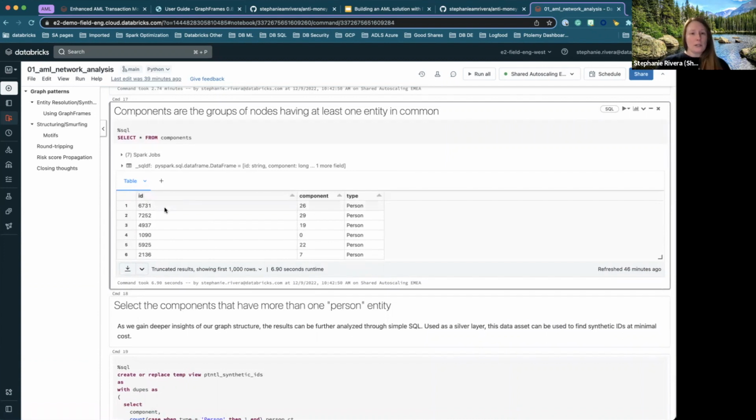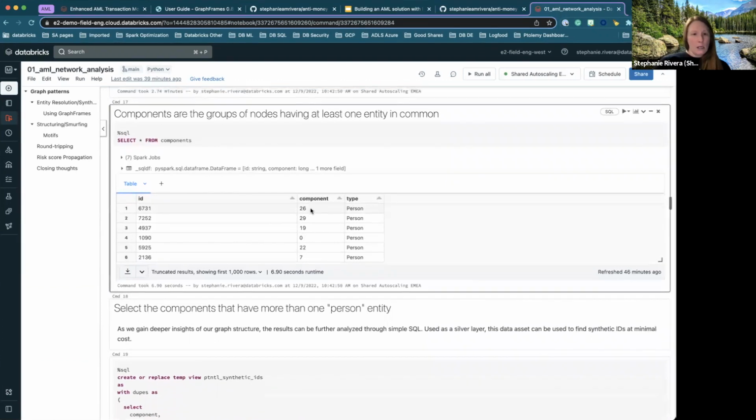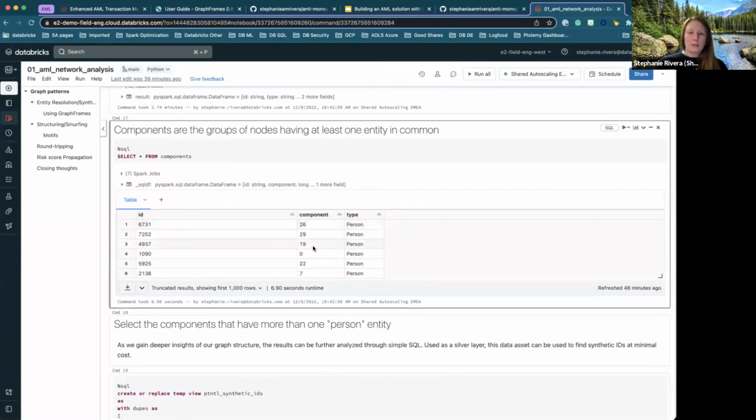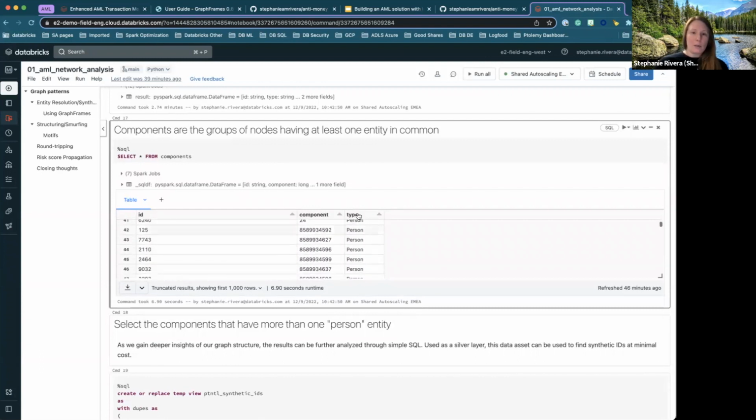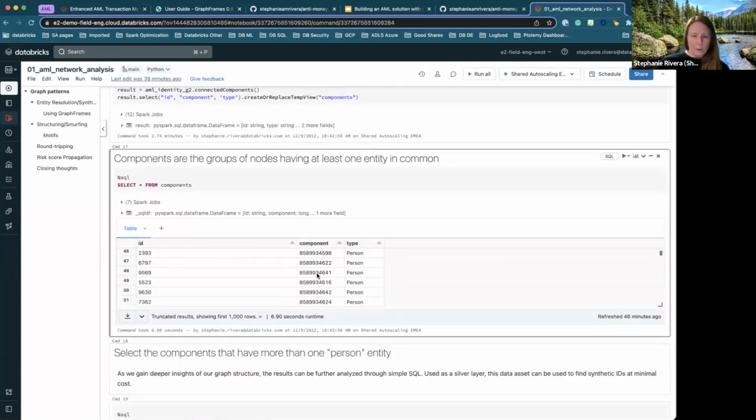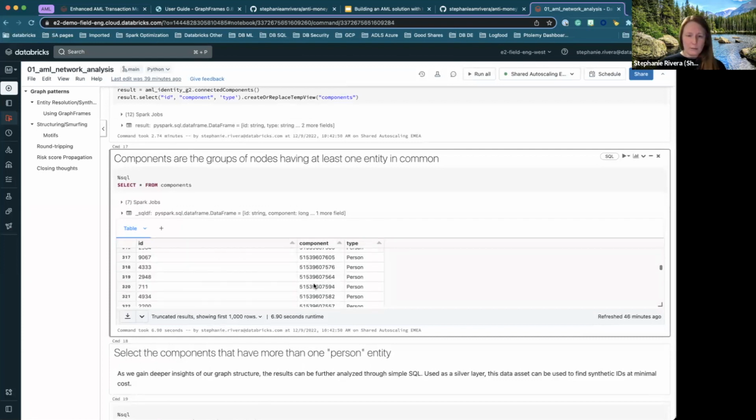For every individual, it's in a component, and you can see that they're all numbered. At the top here, we're only showing the results, the components by people.